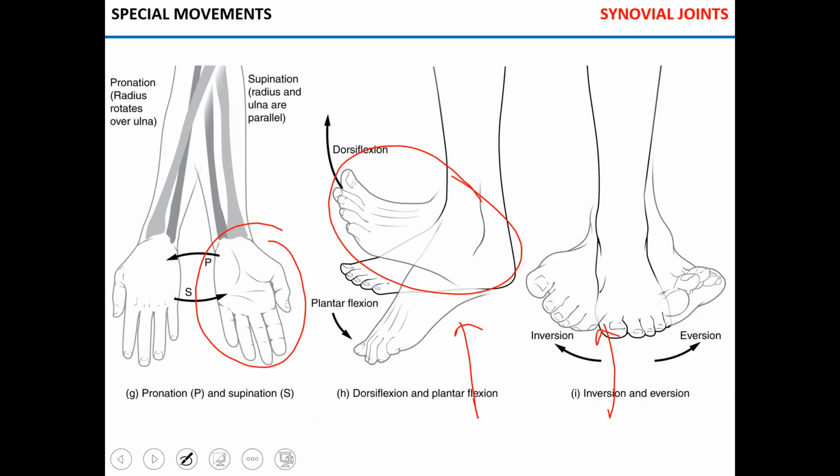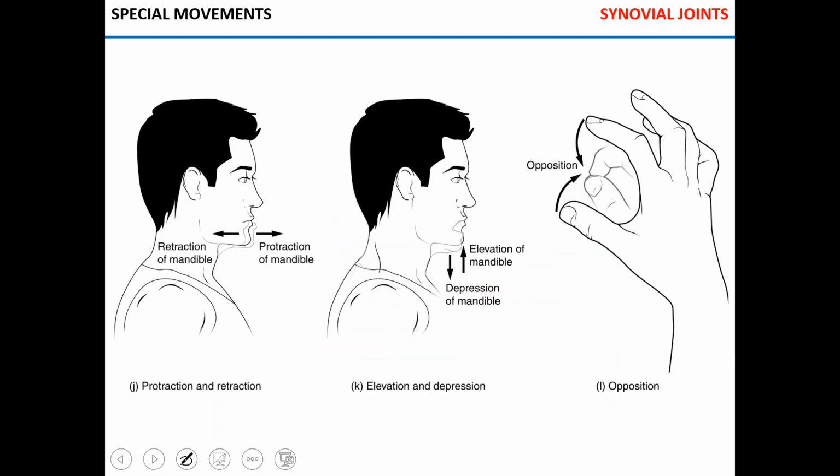When you walk on the medial side of your foot, that's eversion. There are some special movements also in the head. So protraction and retraction of mandible, moving mandible forward and backwards. Elevation and depression of the mandible. That's what you do when you chew. Opposition, for instance, when you make a ring from your index finger and a thumb.